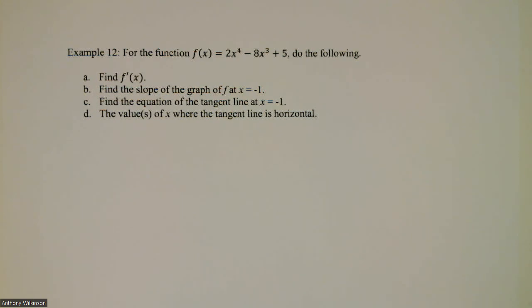We're first going to find f prime of x, and then we're going to find the slope of the graph of f at x is equal to 1. Then we're going to find the equation of the tangent line at x is equal to 1. And then finally, we'll find the values of x where the tangent line is horizontal. In other words, the slope has to be 0.